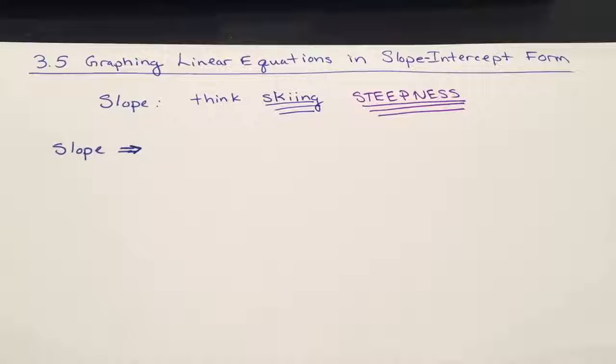Slope means steepness. And basically, it's a non-vertical line which passes through 2 points, and slope can be expressed as a ratio of the rise over the run.